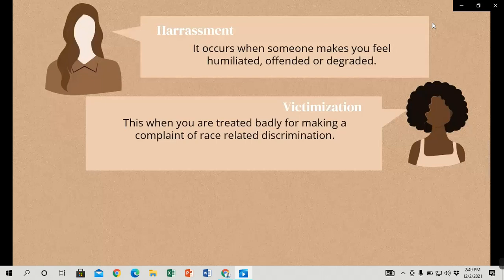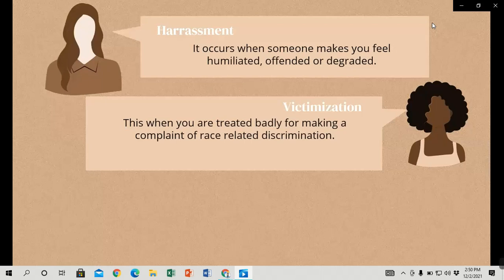Now, this victimization comes in when his manager threatened the victim. Isn't he the victim? He is the one who got threatened. So the manager would make a threat against the victim's complaint, for example, threatening, you will not talk about this or I will fire you.